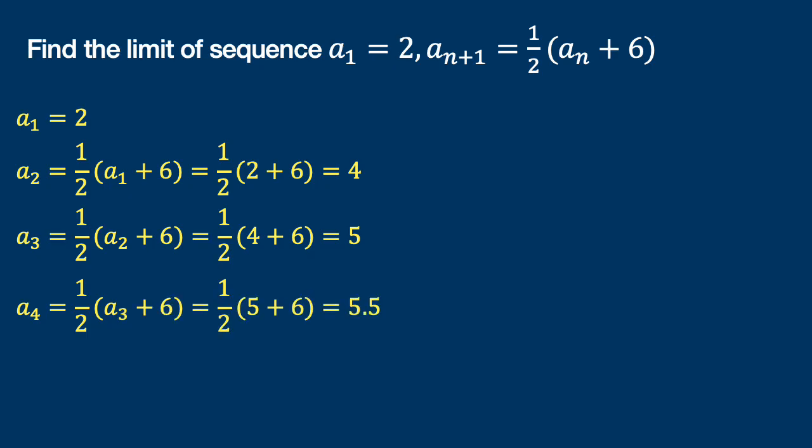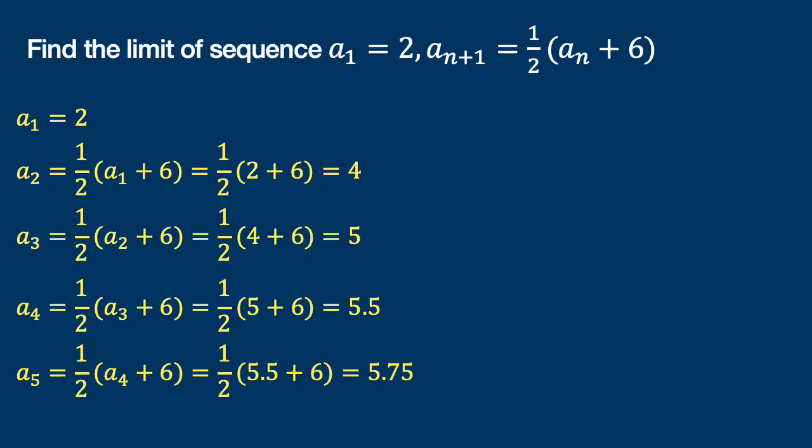a4 is 1 over 2 times (a3 plus 6). a3 is 5, 5 plus 6 is 11, divided by 2, 5.5. One more time, a5 is 1 over 2 times (a4 plus 6), which is 1 over 2 times (5.5 plus 6), that's 11.5 divided by 2, 5.75.